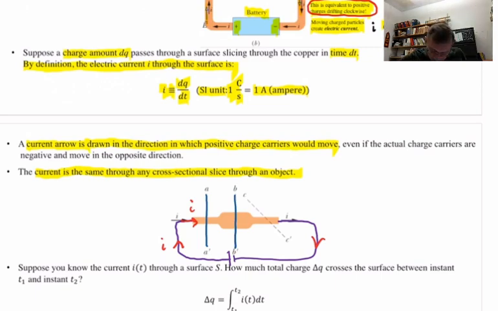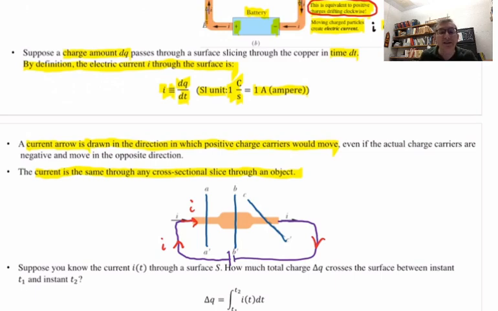And this third surface, labeled CC prime, slices over here at an angle. But all 3 slice all the way through. What we're saying is that no matter which of these surfaces you look at, and you ask, what's the total rate at which charge is passing through that surface, whether it's AA prime, BB prime, CC prime, the current will be the same through each.